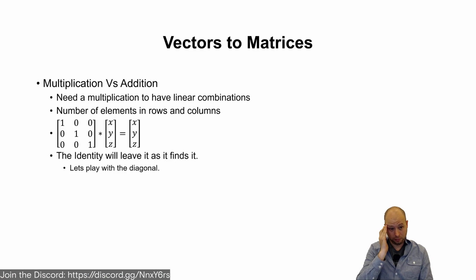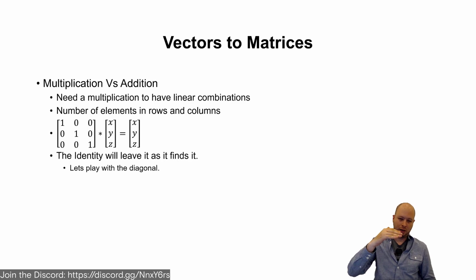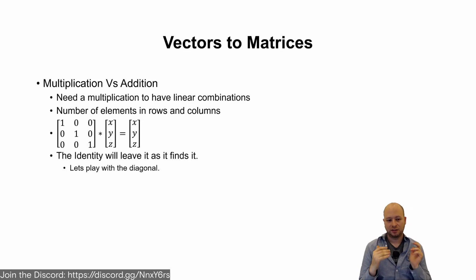So you can't just multiply matrices in the same way that you can do with numbers. If you take one matrix and multiply it by another matrix, they have to match in a certain way, and that way is explicitly that the number of columns of the left matrix has to match the number of rows of the right matrix, and that's because of the way that matrices are multiplied.